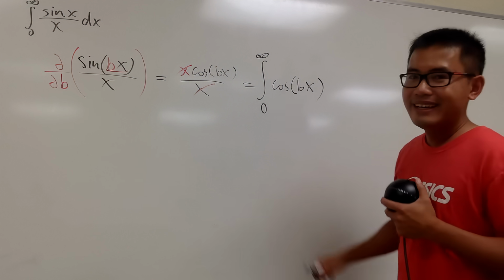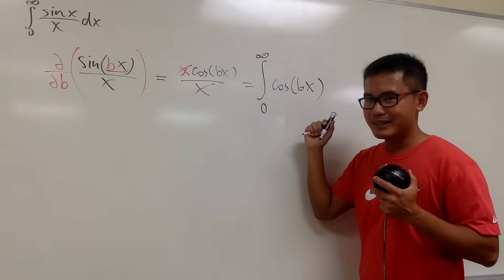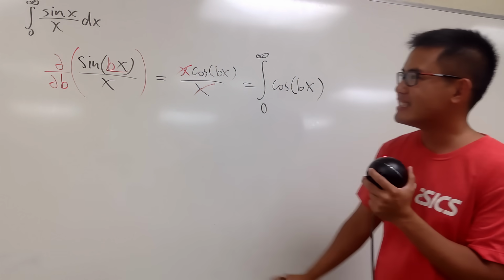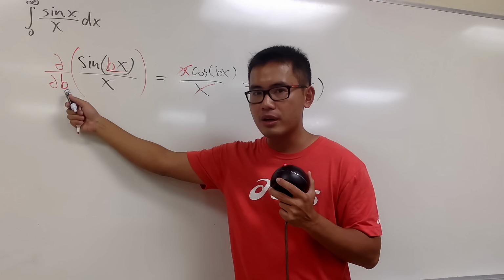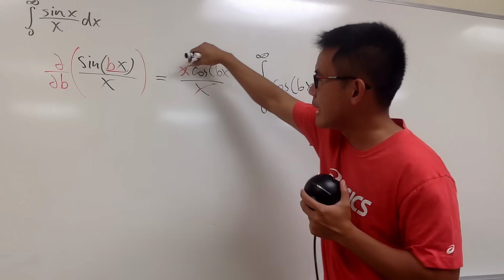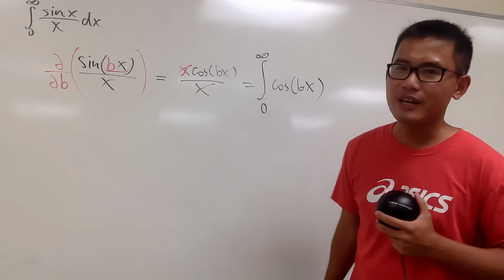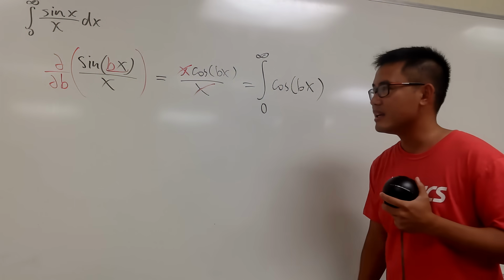And if you have just cosine of whatever, this is not convergent anymore, unfortunately. But you have the idea: if I introduce a new parameter and put it next to an x in the function, that's how we can multiply by this extra x, so that this x and that x cancel each other out. That would be great, but this didn't work out nicely.